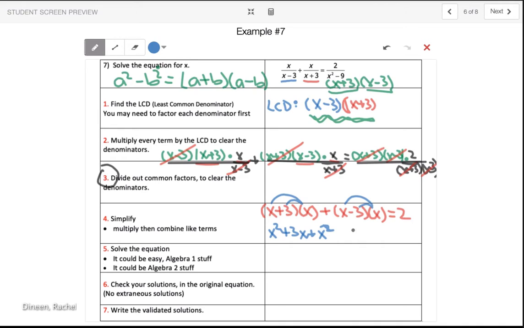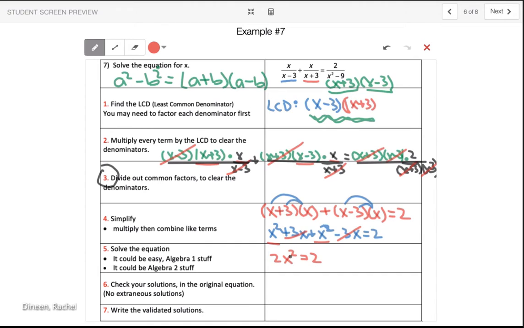X times negative 3 is negative 3x equals 2. So on the left-hand side, I have a positive 3x and a negative 3x. When we add those together, we get 0. Now when I have x squared plus x squared, that would leave me with 2x squared. So 2x squared equals 2.